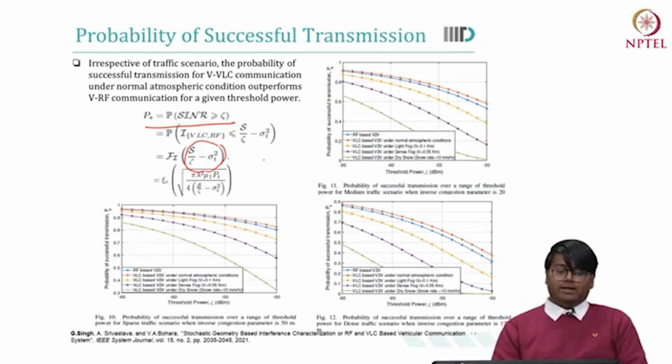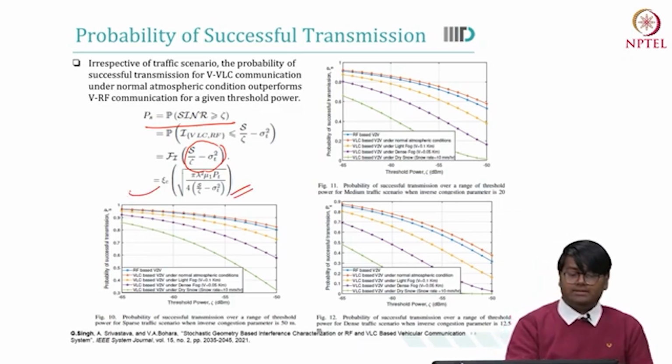Finally, the probability of successful transmission can be expressed analytically by this expression in terms of the complementary error function.